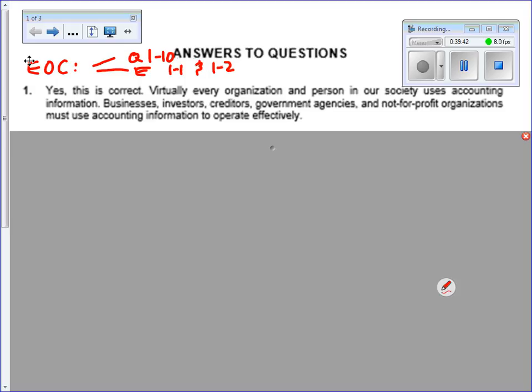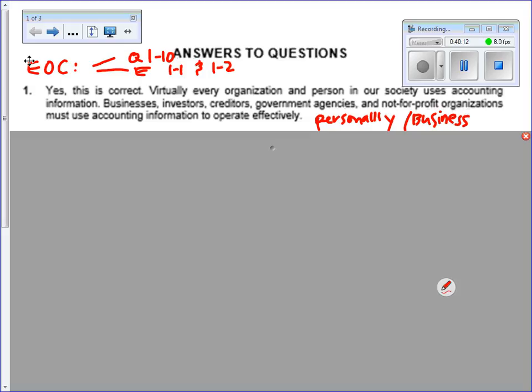We wrote a really long textbook for no reason, though. Virtually every organization and person in our society uses accounting information. So I'd say personally and in a business setting, accounting is used. Even in your own lives, you have economic events that happen to you. You identify them, you record them, and you tell that money story somewhere.